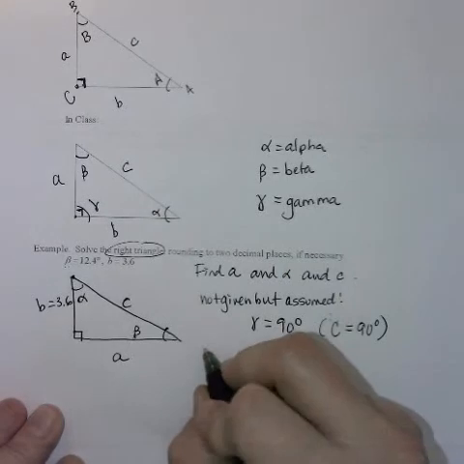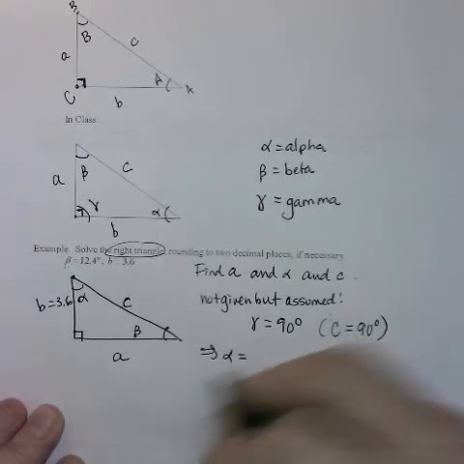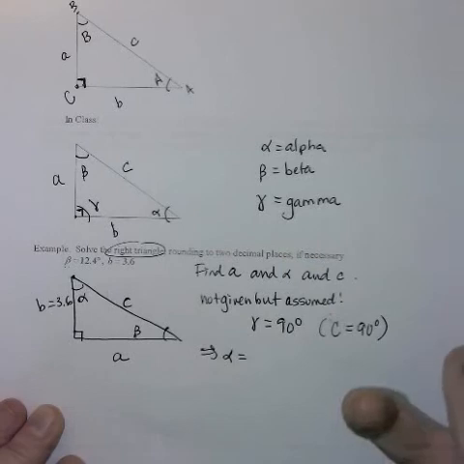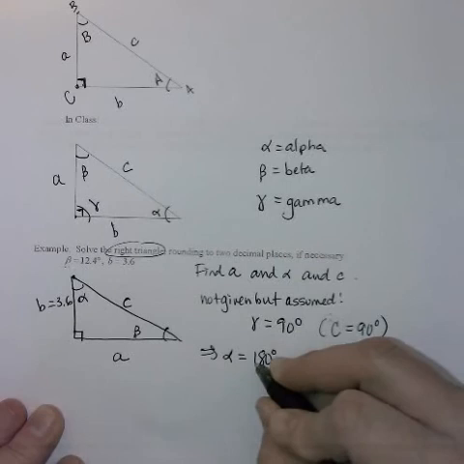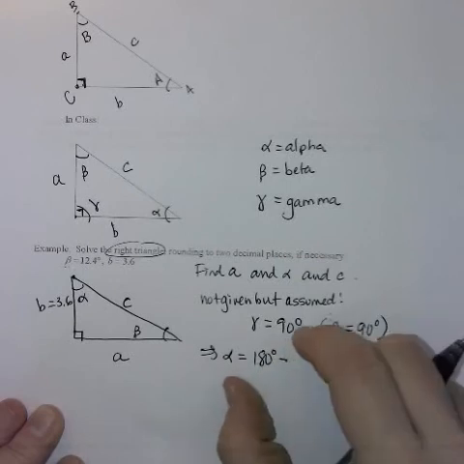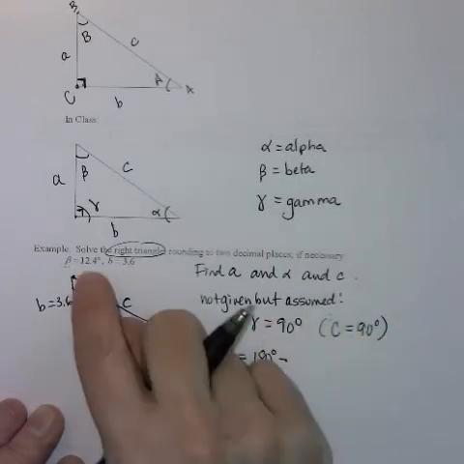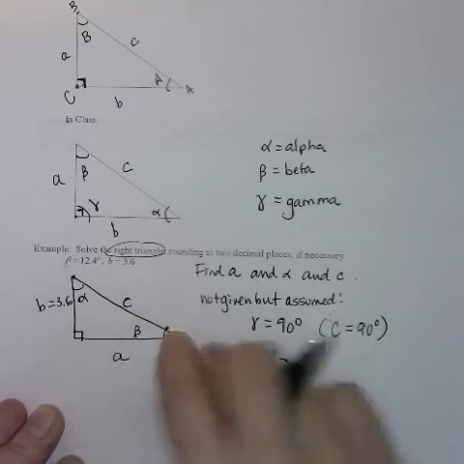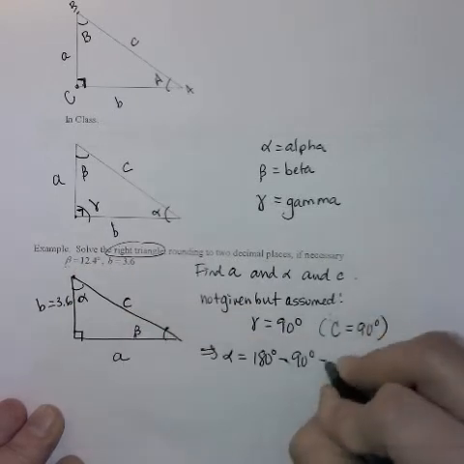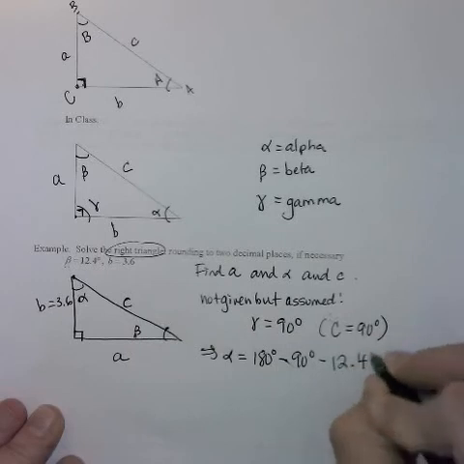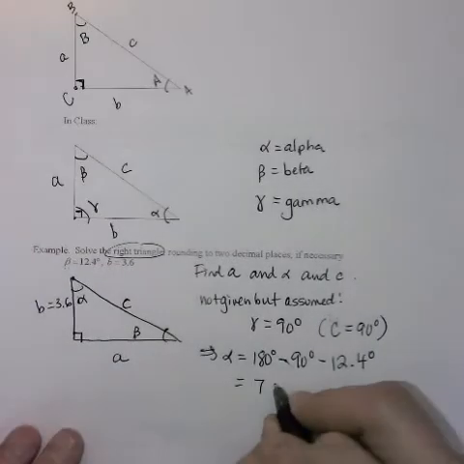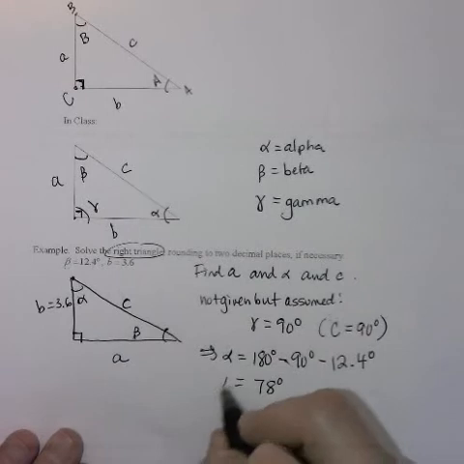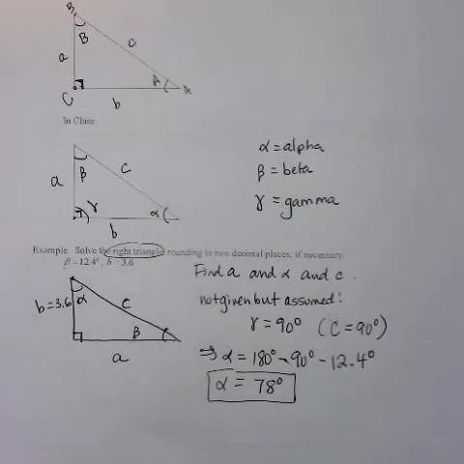So this implies alpha will equal, of course all three angles need to add up to 180 degrees, so we'll subtract from 180. Or you can just subtract from 90, given that these two have to add up to 90. They're complementary. But since I started with 180, I'll just leave it. So 90 minus 12.4 is 78 degrees. So alpha equals 78 is the first part of the solution.